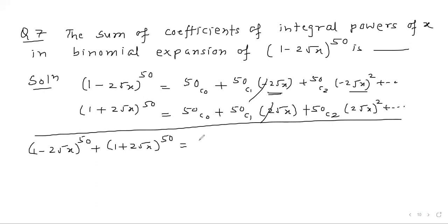So we will get twice of 50C0 plus 50C2 times 2 square times x plus 50C4 and then 2 power 4 times x square and so on.